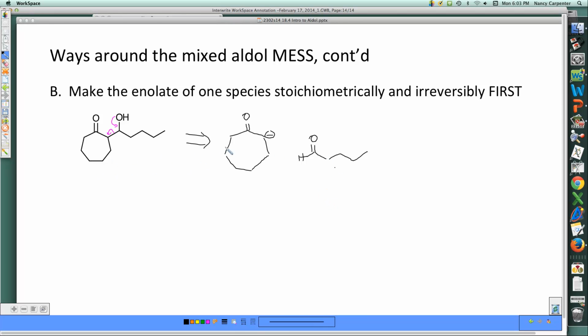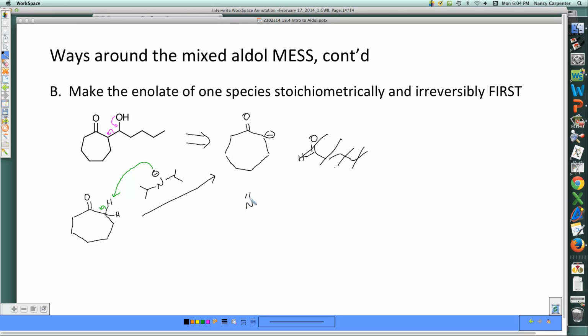So why don't I keep that out of the picture and figure out a way that I can make this completely and stoichiometrically first. I can do that if I add a strong enough base, for example, lithium diisopropylamide. So lithium diisopropylamide can deprotonate this guy.